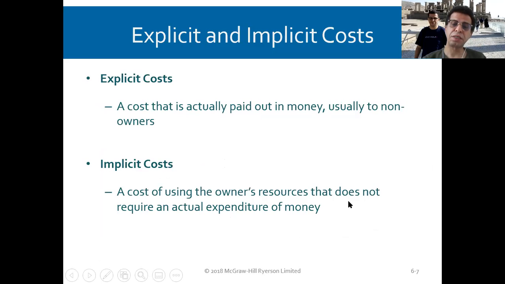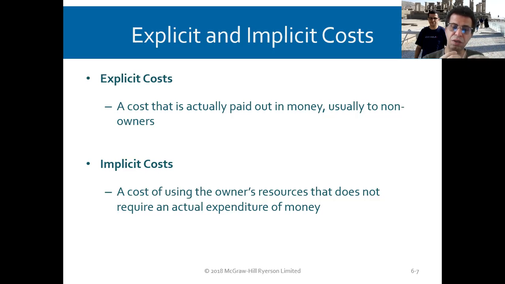Now, the explicit and implicit costs are where the difference between the accounting approach and the economic approach comes in. An explicit cost is a cost that is actually paid out in money to non-owners.